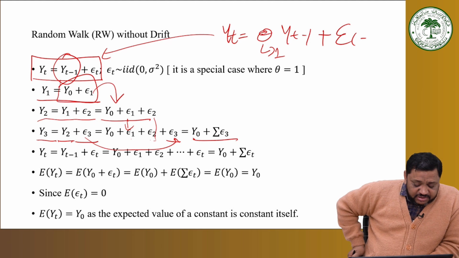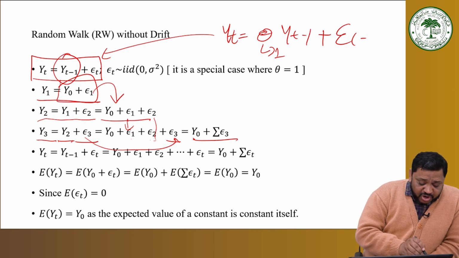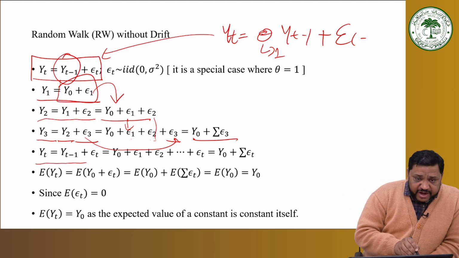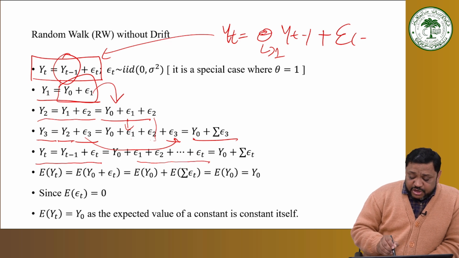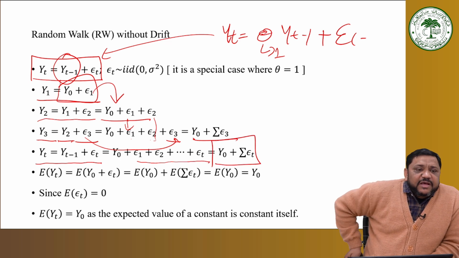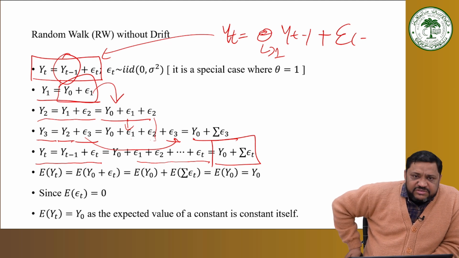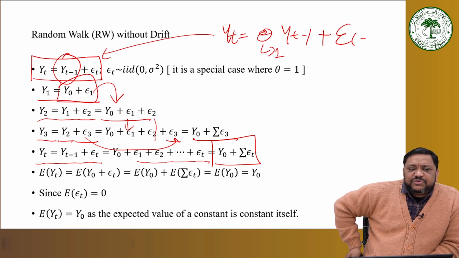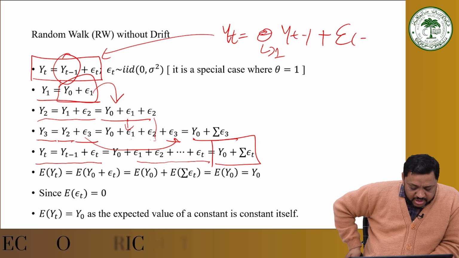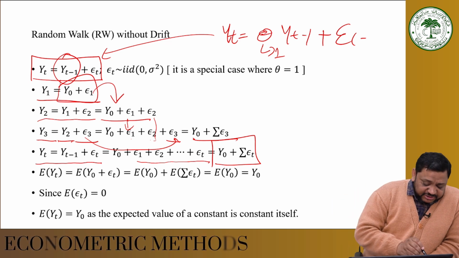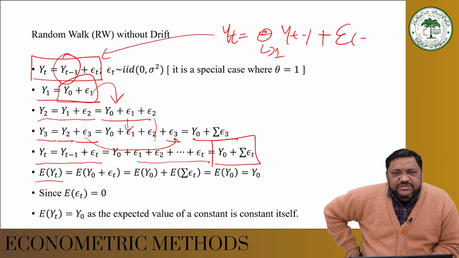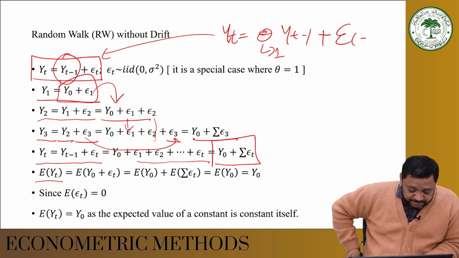Now we write the general model as yt is equal to yt minus 1 plus epsilon t, that is equal to y0 plus epsilon 1 plus epsilon 2 plus epsilon 3 extending up till epsilon t. So we can write this AR model as y0 plus summation epsilon t. Now, using our knowledge of taking expectation, expectation of yt is equal to expectation of y0 plus summation epsilon t.